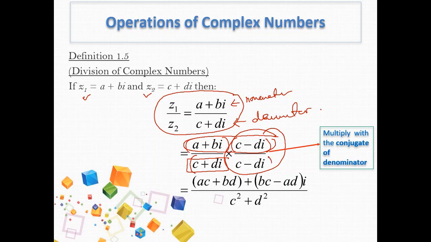By multiplying with the conjugate of the denominator, towards the end the product will leave us with a real number for the denominator. That is the purpose why we multiply with the conjugate, so that at the end we will have the form a plus bi, the standard form of a complex number.